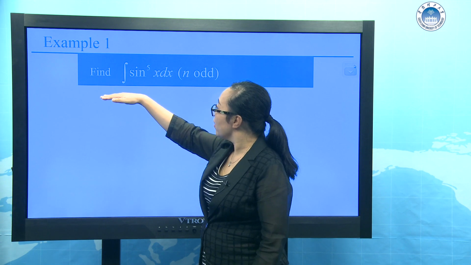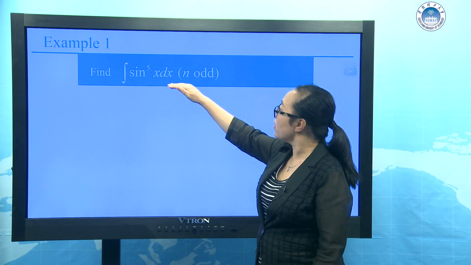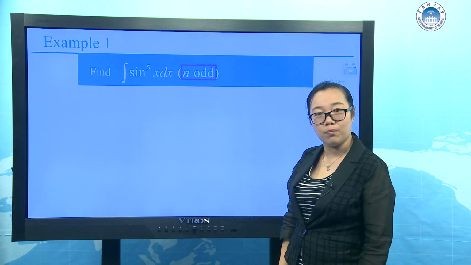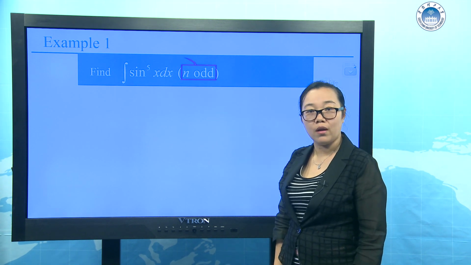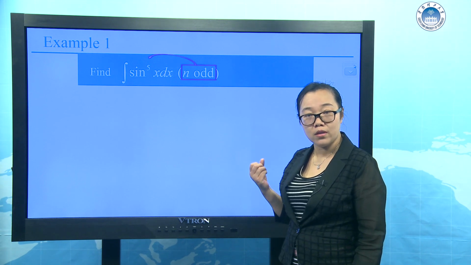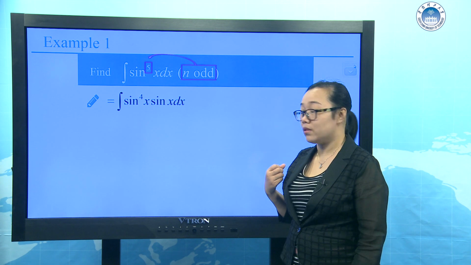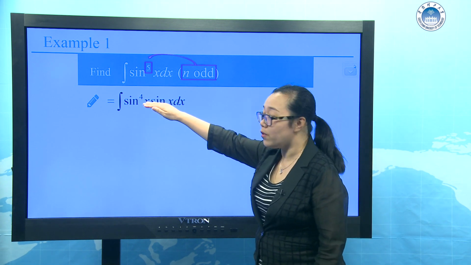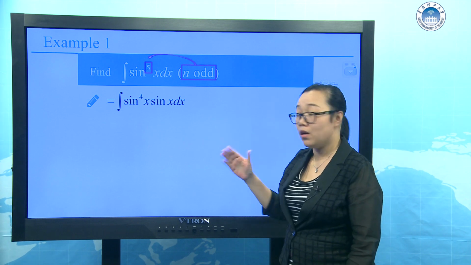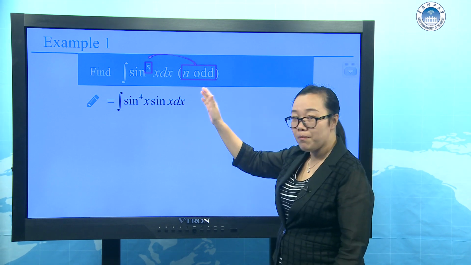Try to find the integral of sin x to the 5th power dx. Pay attention, n equals 5 is an odd number. How to do? 5 is an odd number. We can write it as sin x to the 4th power times sin x to the 1st power, an even power and 1 power.